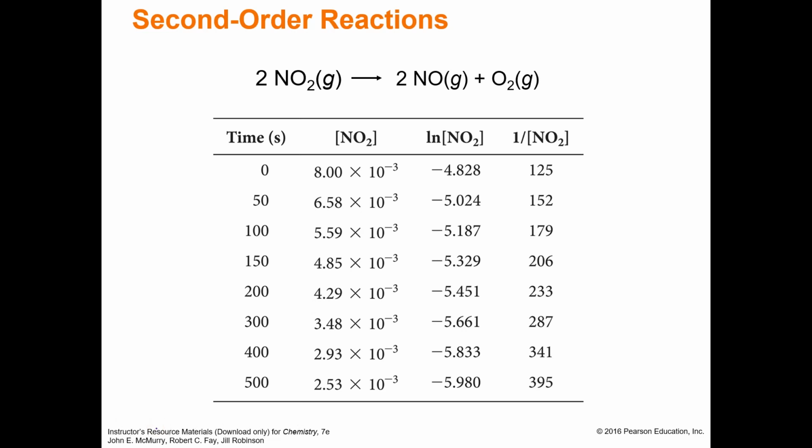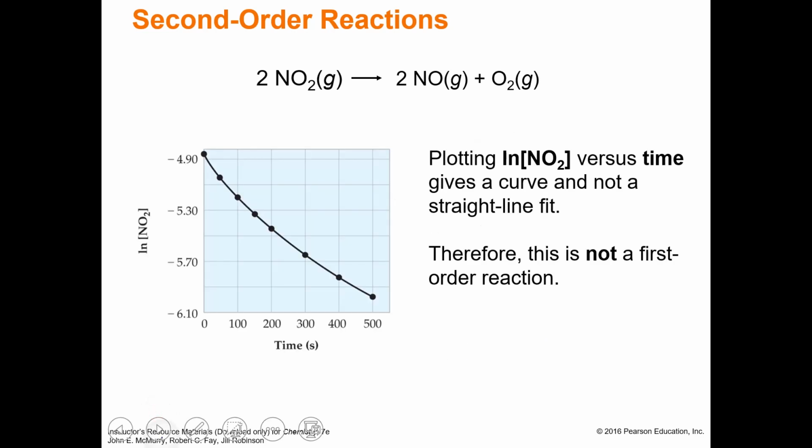So let's look at a reaction here where we don't know whether it's second order or first order. If we take our concentration of NO2 and we plot the natural log of NO2 and 1 over NO2, well, if we plot the natural log of NO2, that gives us a curve. So that tells us this is not a first order reaction.